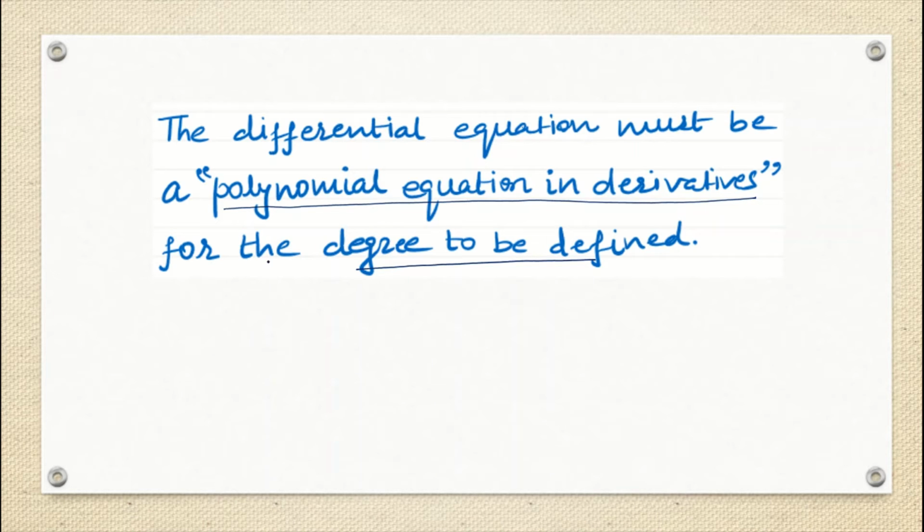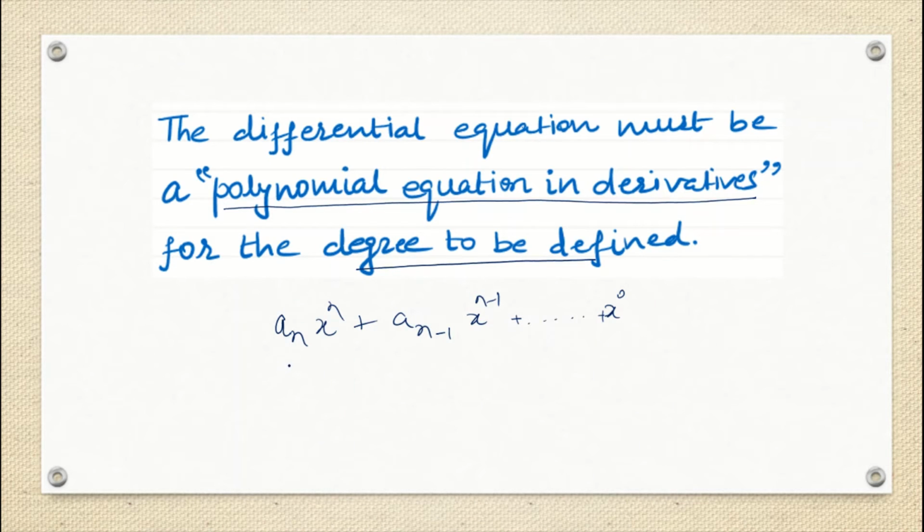We know the property of a polynomial equation. What is a polynomial equation? The equation will contain powers. For example, a polynomial expression is a_n x raised to n plus a_(n-1) x raised to n minus 1, and so on, down to x raised to 0, which is nothing but 1.